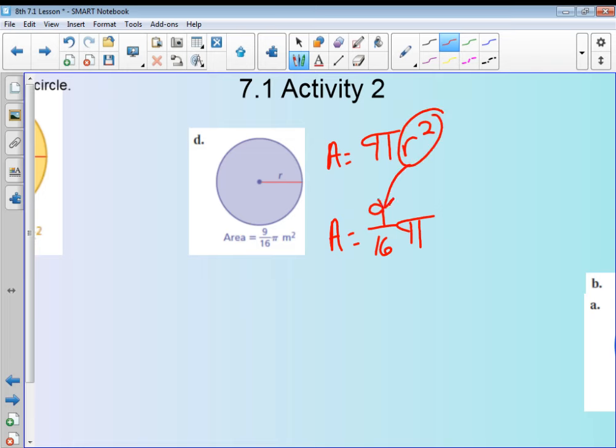Our r squared is 9/16, so we have to do the opposite of squaring it, and we have to square root. The square root of 9 would be 3, because 3 times 3 is 9. And the square root of 16, well, 4 times 4 gives us 16. So we just found out that 3/4 is our radius. So r equals 3/4, and our label was meters.